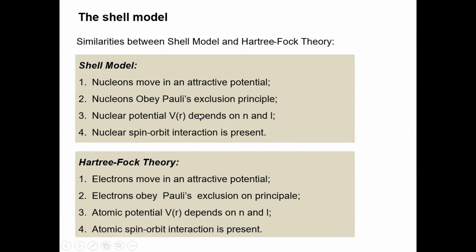The nuclear potential V(r) depends on the n quantum number and the L quantum number. The atomic potential depends on n and L in a similar fashion. The atomic spin-orbit coupling, or interaction, is present. Similarly, the nuclear spin-orbit coupling and interaction is present and is responsible for explaining the angular momentum.